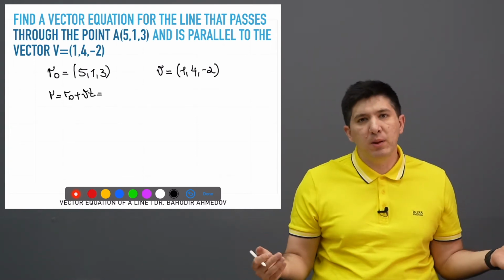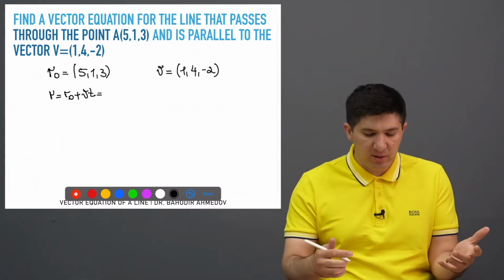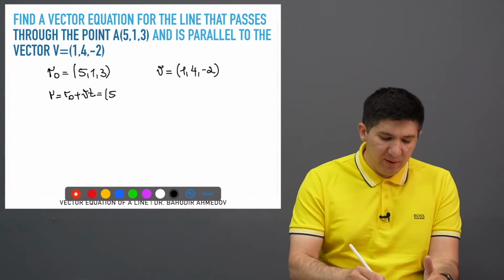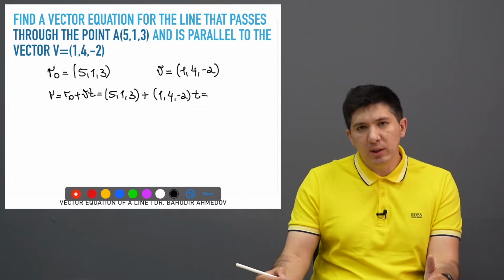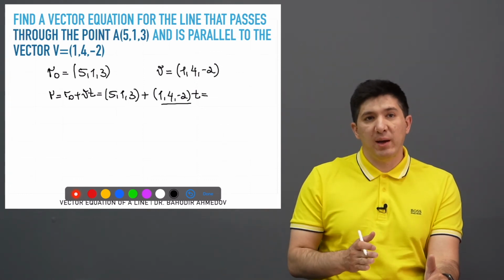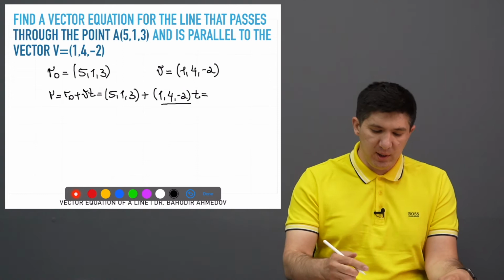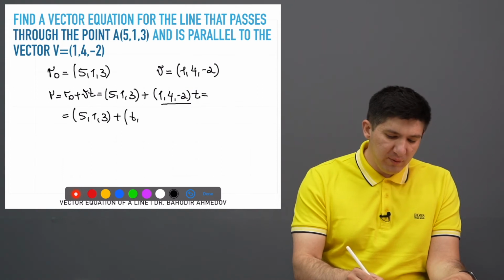Now I'm just going to plug r0 and v into this equation in order to derive the vector equation. It is equal to (5, 1, 3) plus (1, 4, -2) times t. I can multiply t by this vector, multiplying every component of this vector by t. So then I can write (5, 1, 3) plus (t, 4t, -2t).